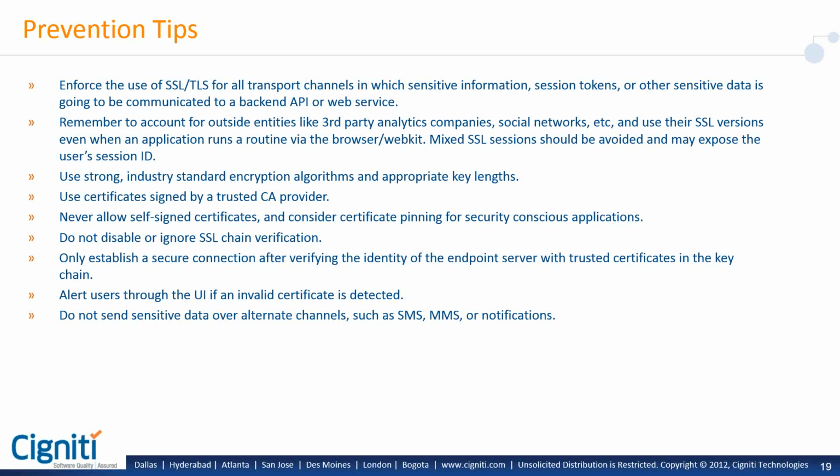Strong, industry standard encryption algorithms have to be put in place. Your CA provider should have a signed certificate, and it should be a trusted one. No self-signed certificates. Never ignore or disable SSL for the sake of convenience or on the assumption that wireless through Wi-Fi would be secure enough.